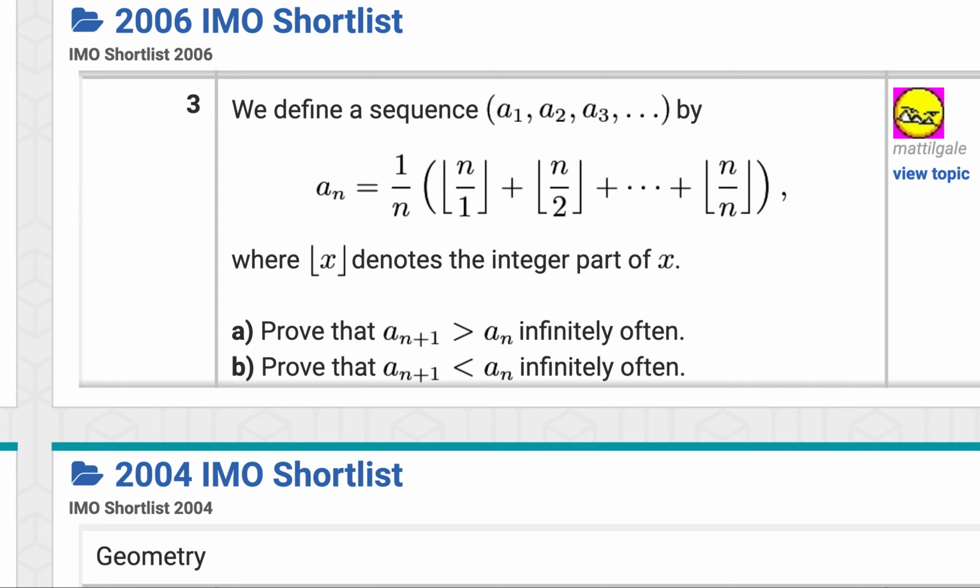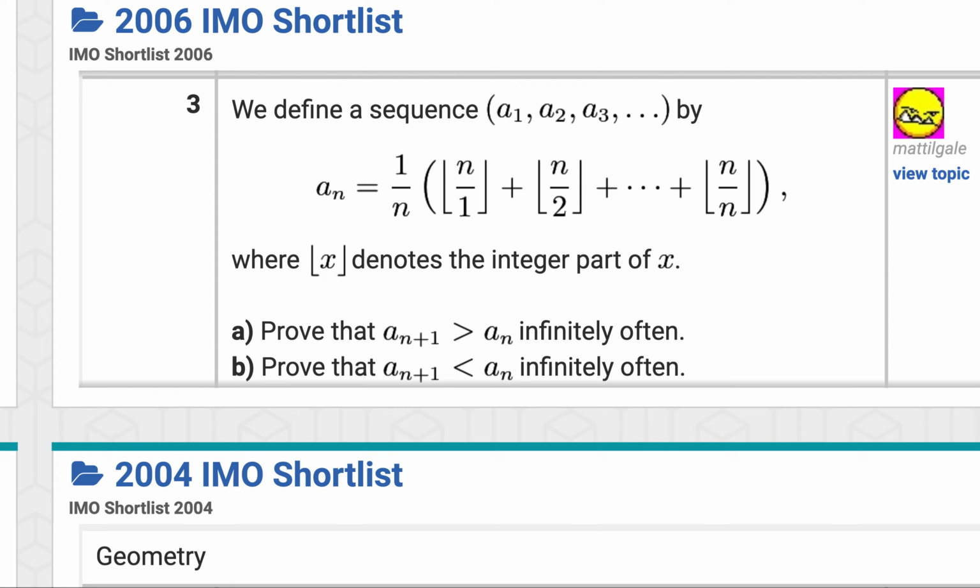So any sequence of mn plus 1 numbers, I think, has a monotonic subsequence of length n plus 1. I'm not completely sure, but it might motivate just a little bit.